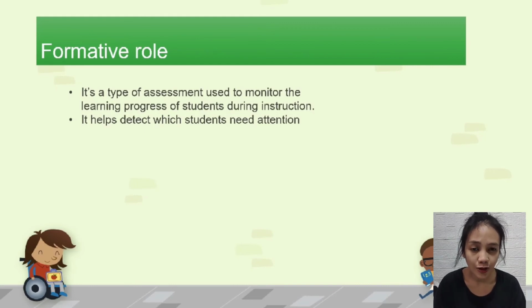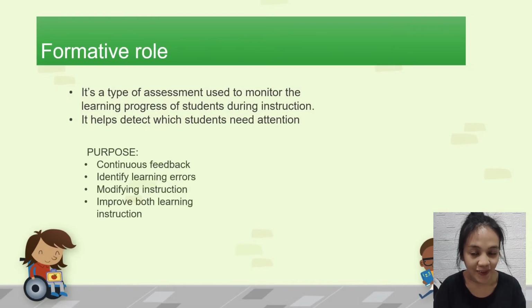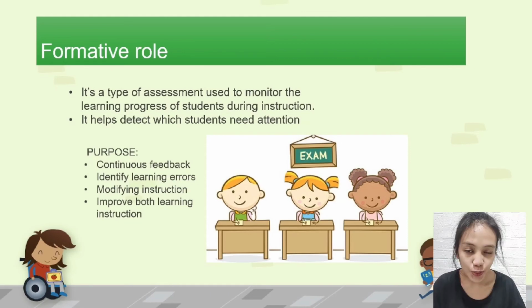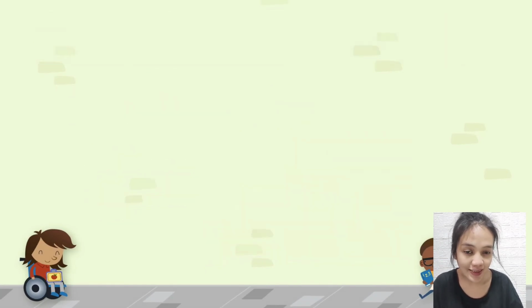The purposes of formative assessment are the following: continuous feedback, identify learning errors, modifying instruction, and improve both learning and instruction. The types of formative assessment are quizzes, exams, and recitation. In this role, students expect feedback on their performance and it enables them to improve their performance on the same task.